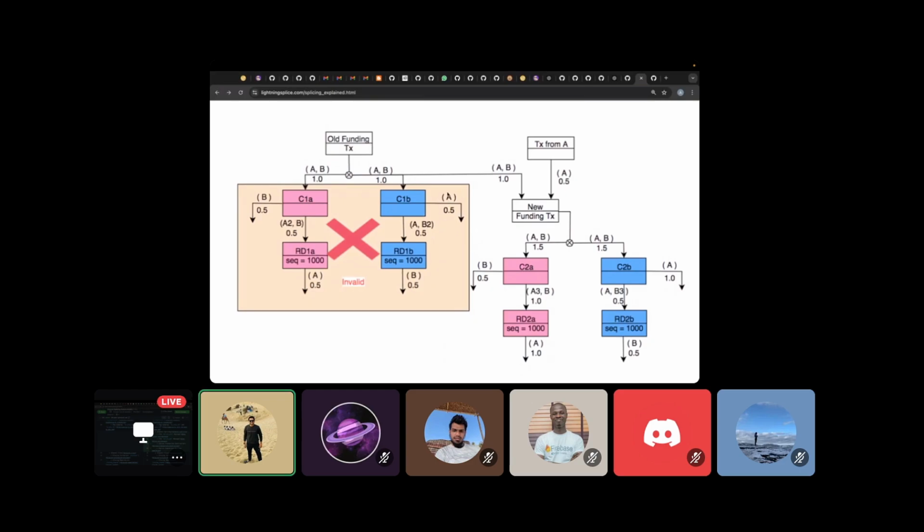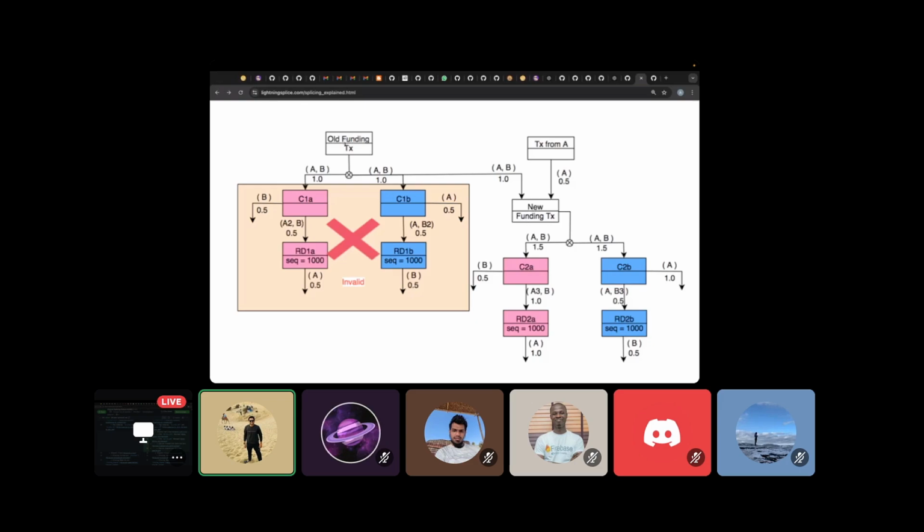Now, when you want to splice this channel, you create a new funding transaction. I'm assuming all of you already know that a Lightning channel is initiated with a two-of-two multisignature transaction, so you spend that output into a new UTXO with new inputs and outputs as well. That would then be your new funding transaction.